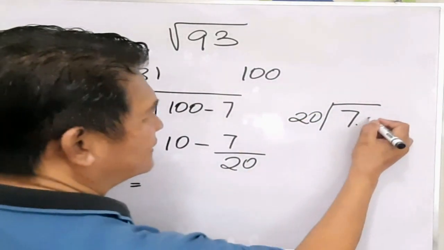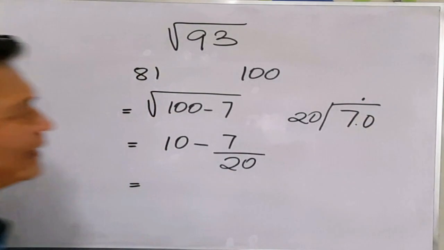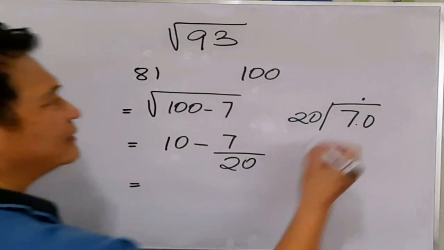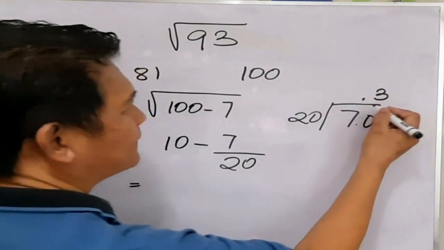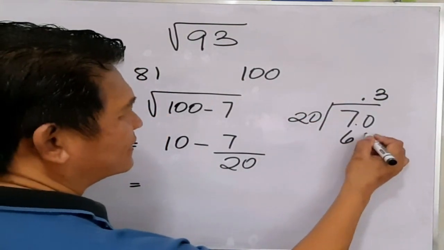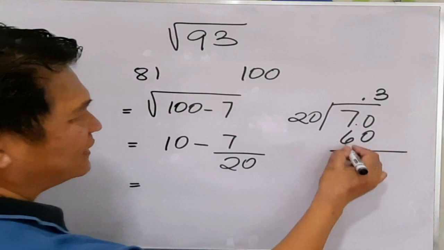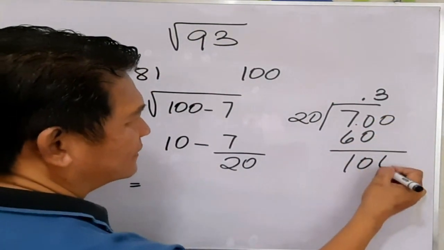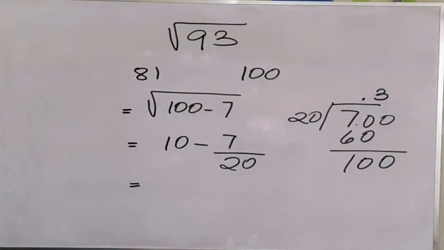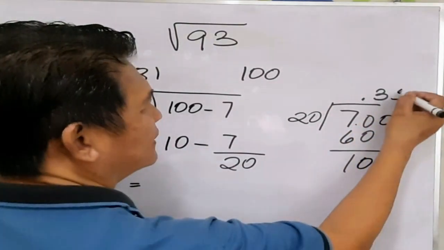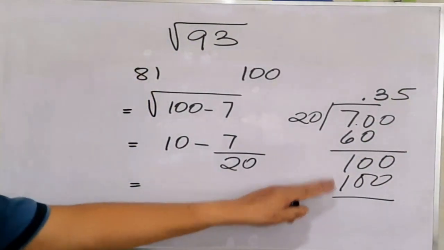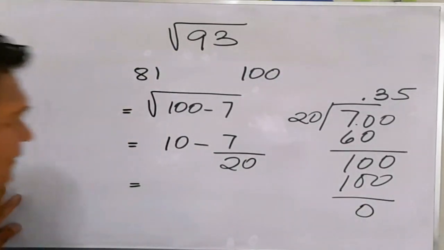7 divided by 20 cannot be done, so we add 0 and another decimal. 70 divided by 20 is 3. 3 times 20 is 60. 70 minus 60 is 10. We add another 0, it becomes 100. 100 divided by 20 is 5. 5 times 20 is 100. 100 minus 100 is 0.